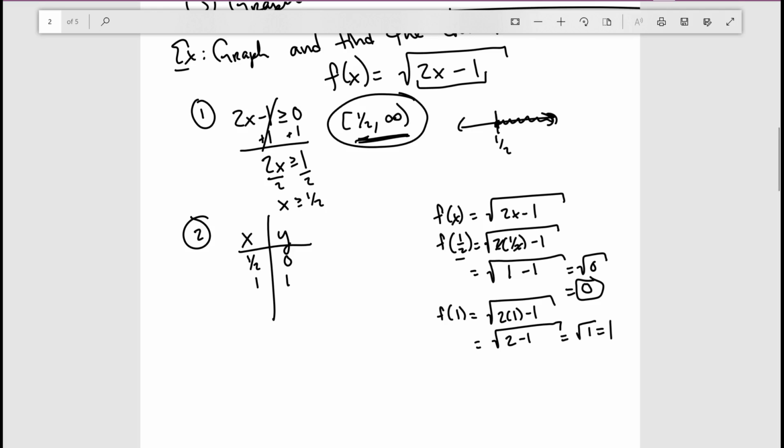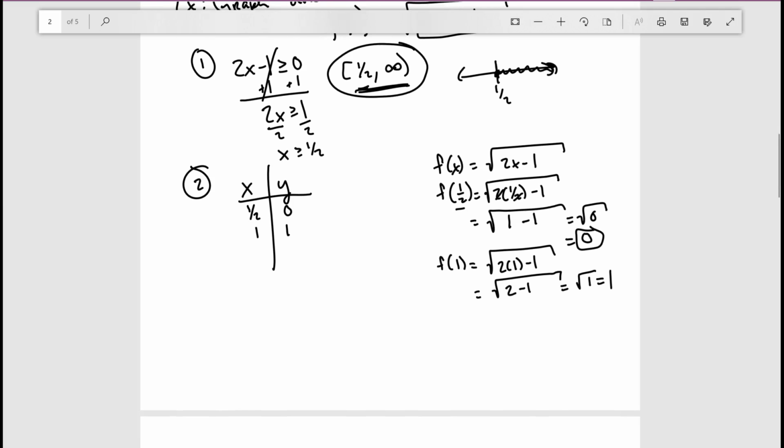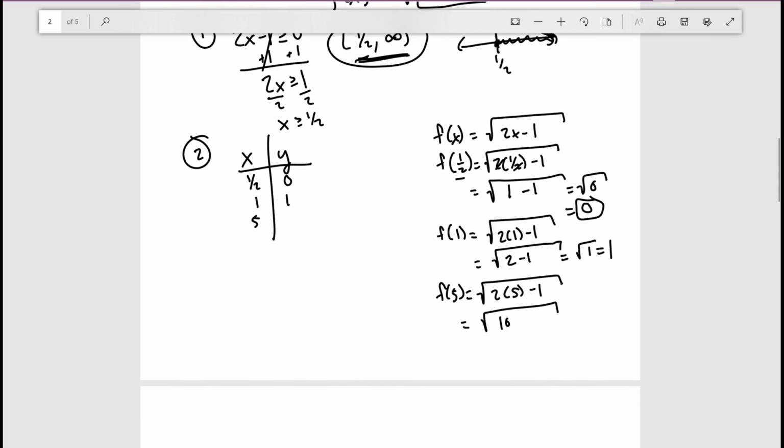For example, I can plug in 5. Let's see what's going to happen. I'm going to get the square root of 2 times 5 minus 1. So square root of 10 minus 1 is going to give me the square root of 9, which gives me 3. So when I plug in 5, I'm going to get 3.